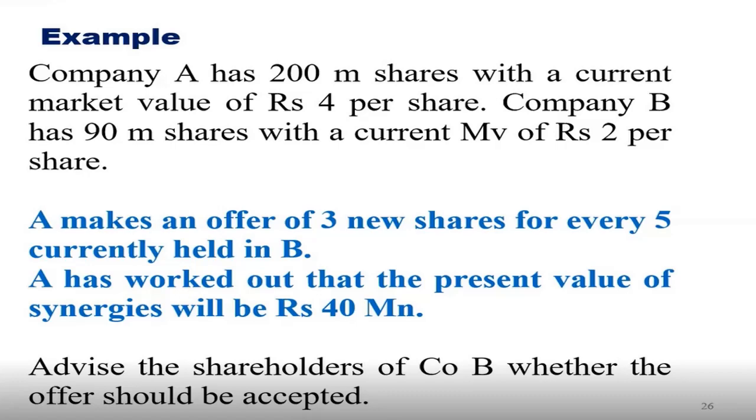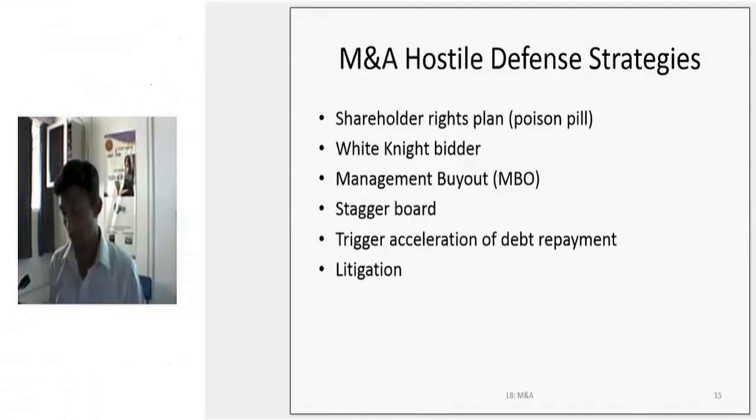But by giving 216 for B, you are giving most of the benefit to company B's shareholders. Your return is only 220 minus 216, which is 4 million. So the advice for the company B shareholders is to accept this offer. It's a good price for you. Are you clear on this question?